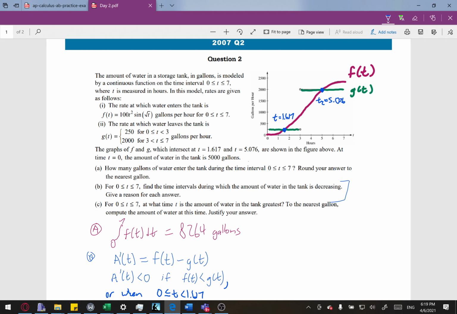Okay. The amount of water is decreasing. Any questions on what we did for B?